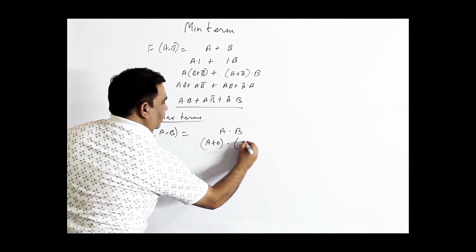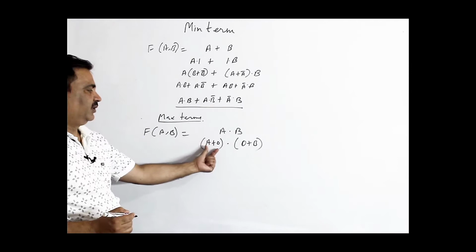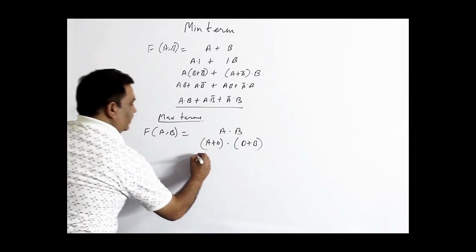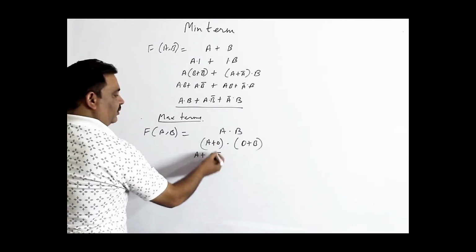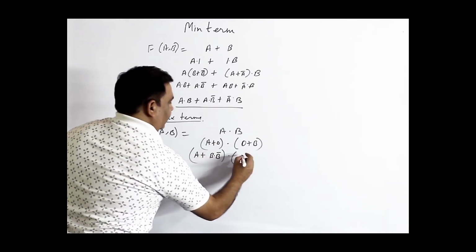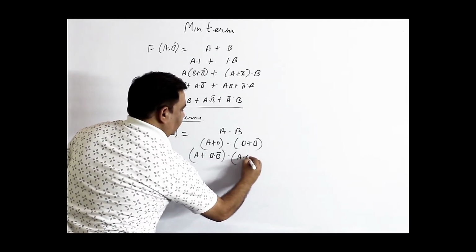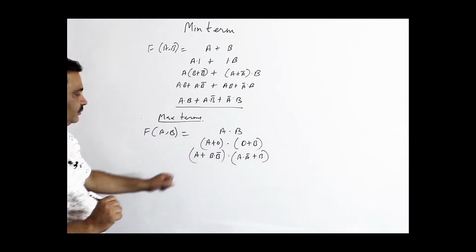Now here you can write 0 plus B. So A plus 0 is A, 0 plus B is B. So 0 can be replaced by B dot B complement, B dot B complement is 0, and this 0 can be replaced by A dot A complement plus B. A dot A complement is equivalent to 0.